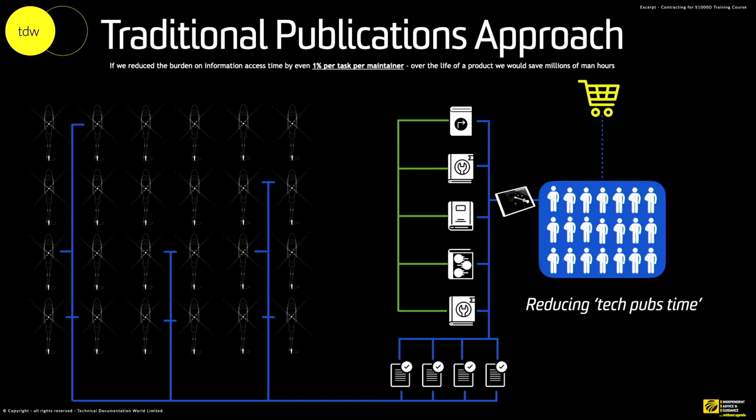So even if, over the life cycle of a 30-40 year platform, we made each maintainer 1% more efficient in terms of accessing technical publications, and we ensured that the parts ordering was accurate and up to date, and we got the right part at the right time, those kind of things, you can see how much we are going to save in terms of man hours.